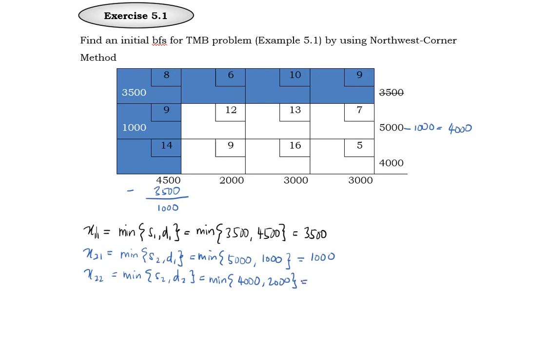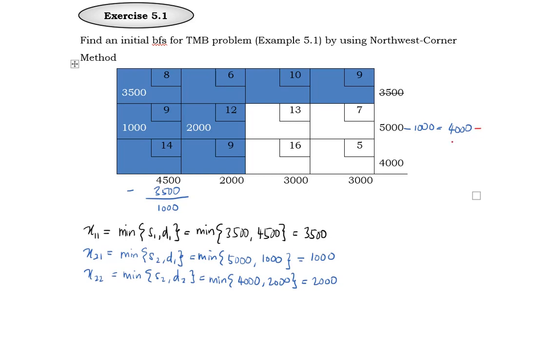So we set the value of x22 to 2,000. We choose the smaller number. Since x22 equals D2, we cross out the second column, and then reduce the value of S2.